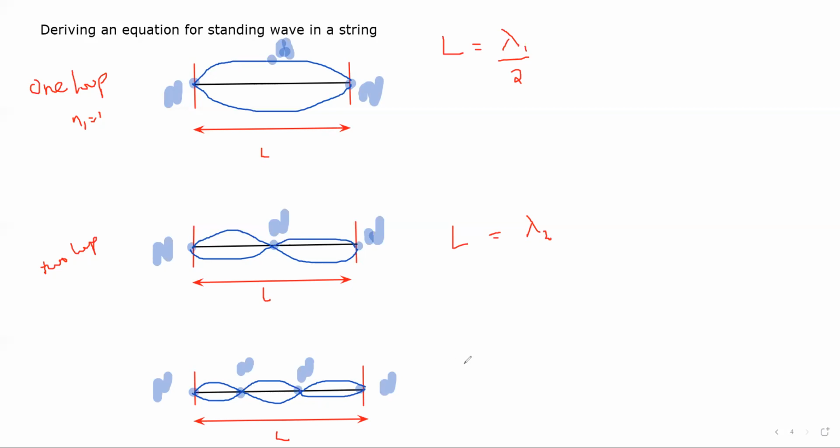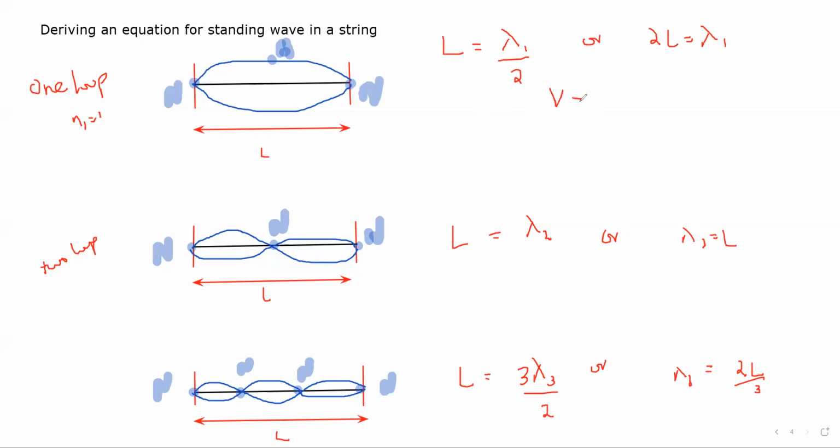So it is 3 lambda by 2, and the length is equal to 3 lambda by 2. Now we have the formula: 2L is equal to lambda 1, lambda 2 is equal to L, and lambda 3 is equal to 2L by 3.